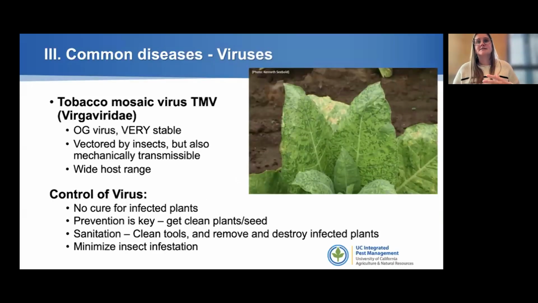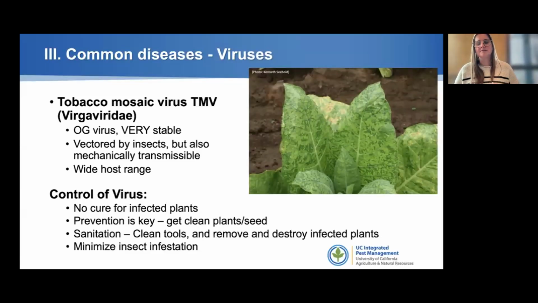Tobacco mosaic virus is in a different family as well, but it is probably the most well-known plant virus. It was the originally discovered virus, and it is very stable. So this is one of those viruses that can be physically or sap transmitted to other plants from your shears or your equipment. It can also be vectored by insects like aphids as well.